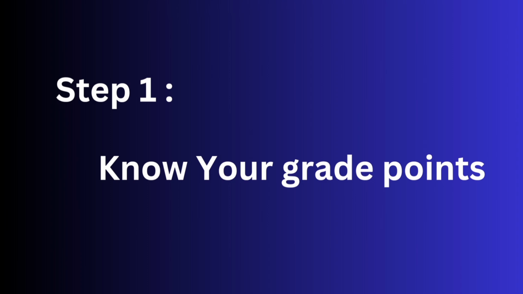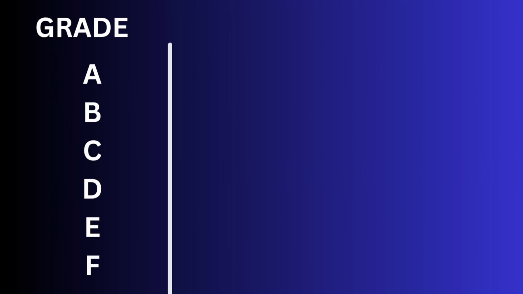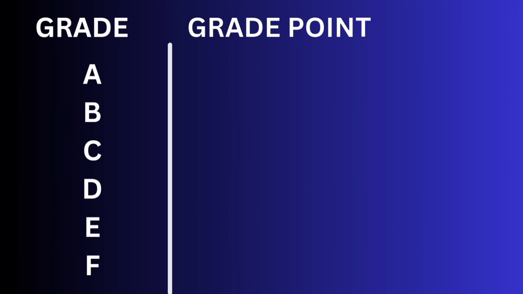The first step is to know your grade points. Every university has a grade scale that ranges from A to F. Some do not recognize E as a grade, while others do. For instance, if your university uses a scale like the one I have on my screen, it's important to know that each of these grades has a point attached to it.